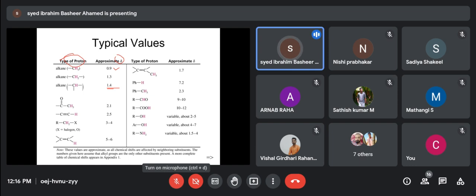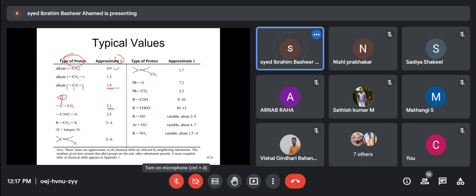CH3 next to a C double bond O, you see the effect, it is 2.1. Why? Because you have oxygen adjacent to this carbon. So immediately you can see the delta value highly shifted.